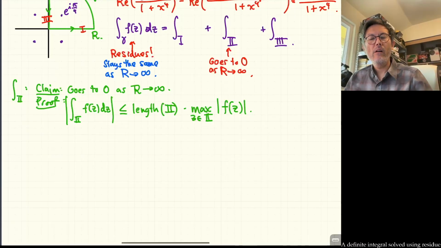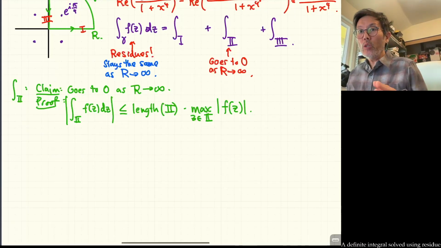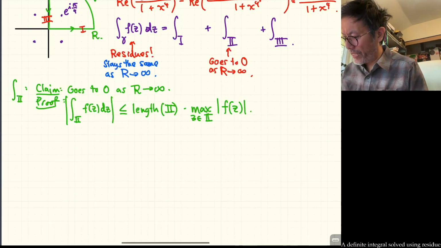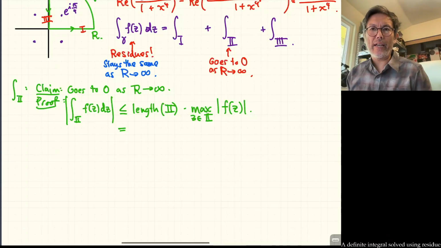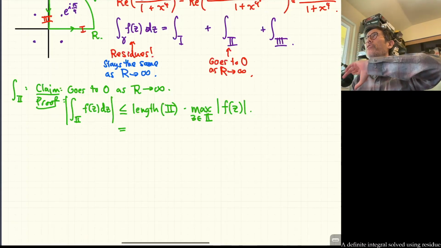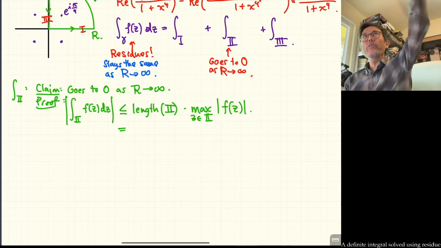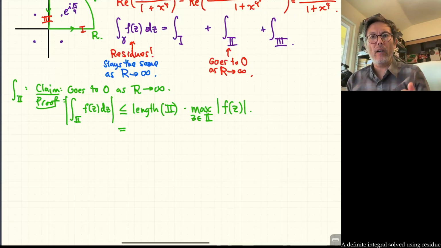Okay? So it sure would be nice if we could figure out what that is. So first of all, the length of 2, we know what that is. It's a quarter circle of radius R. A full circle of radius R is 2 pi R. So a quarter circle is pi over 2 times R.